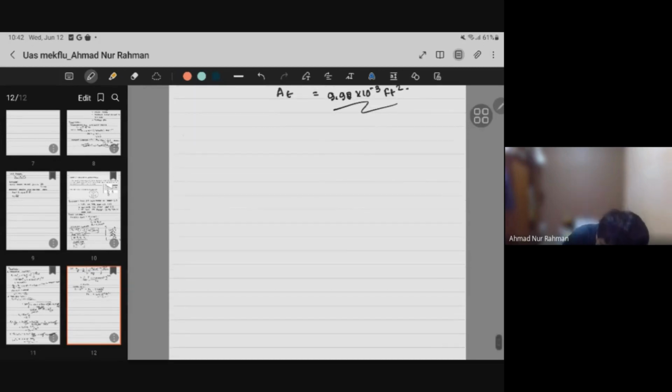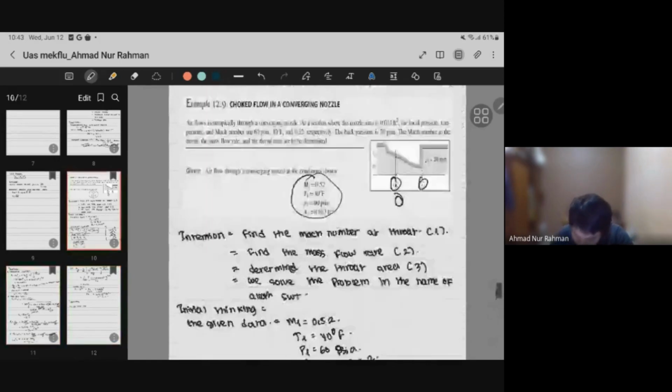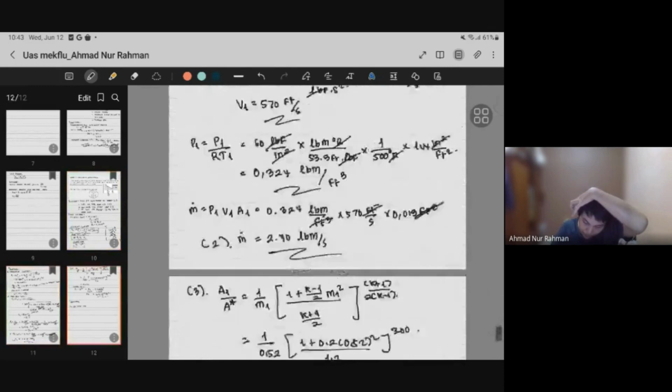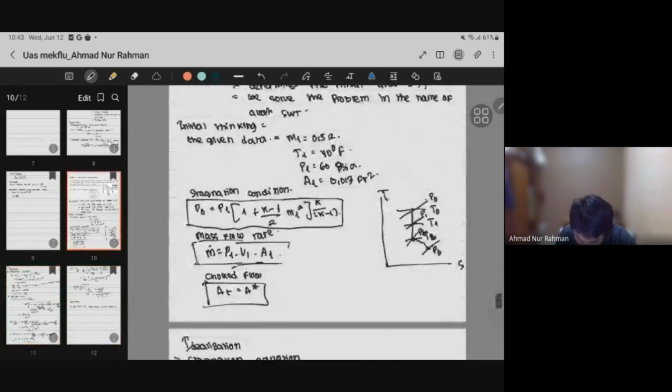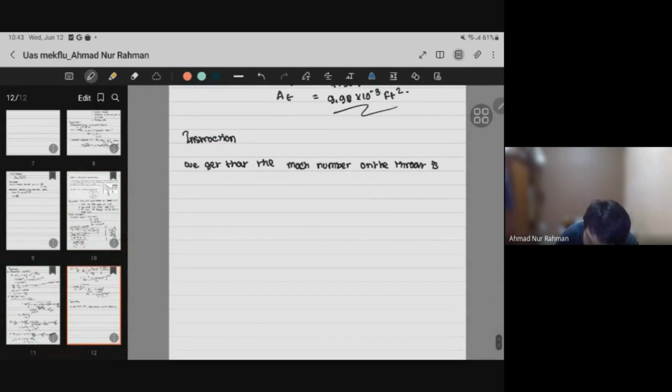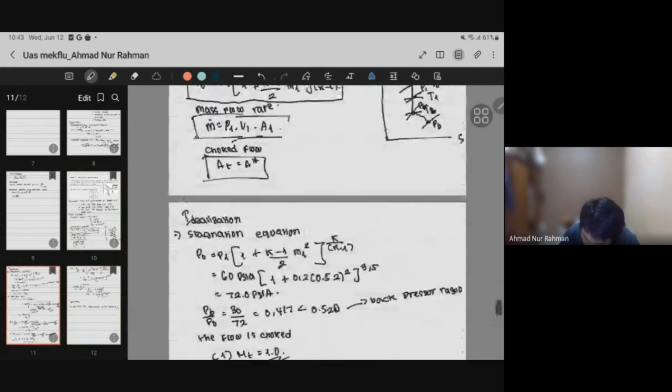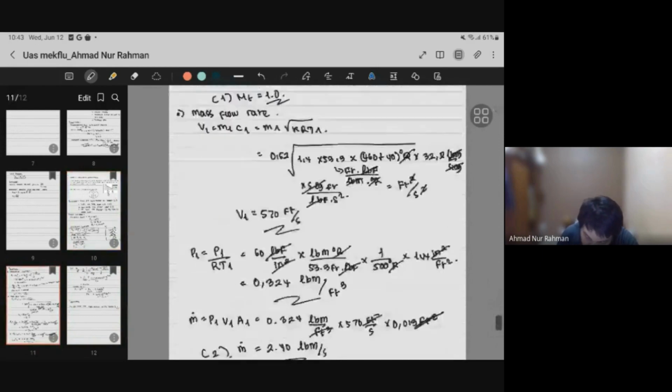So the conclusion we get from the equation above is that the Mach number at the throat is one.